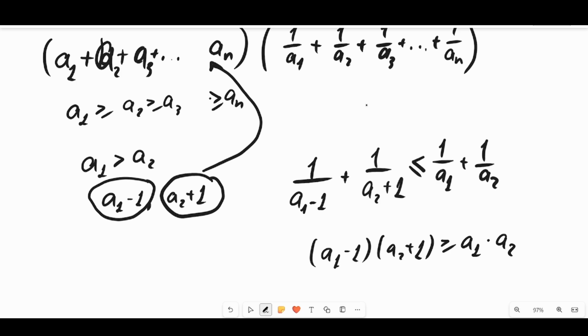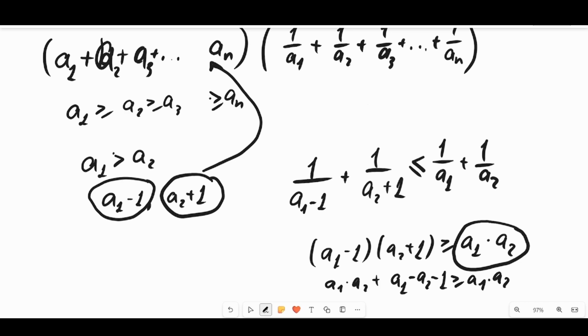And clearly this is correct, because if we expand this one, we get a1 times a2 minus a1 plus a1 minus a2, then minus 1. This must be more or equal to a1 times a2. And clearly this is correct if we assume that a1 was more than a2. And in such operations, we will get the minimum.